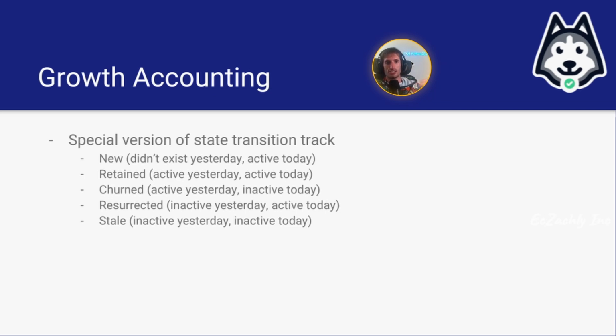Sometimes in these growth accounting patterns, there are policies that make it so you can't just hold on to everyone's data all the time, because that's a privacy concern. So in those cases you can have a sixth state, which is deleted. Facebook just anonymized everything so that we could hold on to everything forever. And if you hold on to everything forever, then there actually isn't a deleted state. You just stay stale forever.